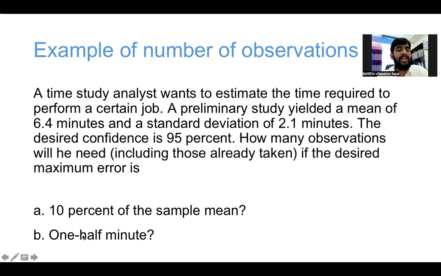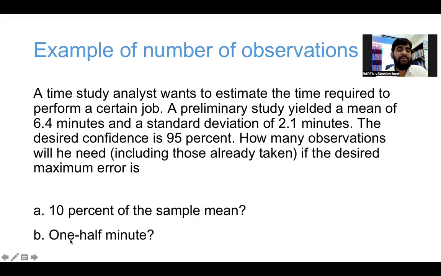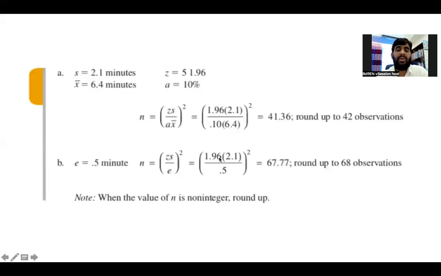Z and S are the same: Z is 1.96, S is 2.1, divided by 0.5. This 0.5 comes from your expectation, 0.5 minute error. And if you want a 0.5 minute deviation, then you have to take 68 observations.